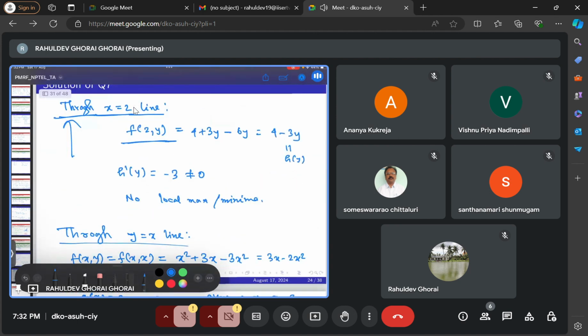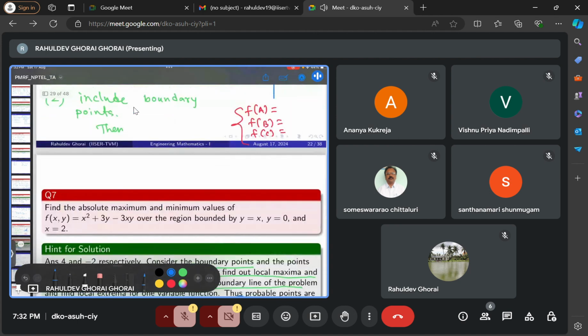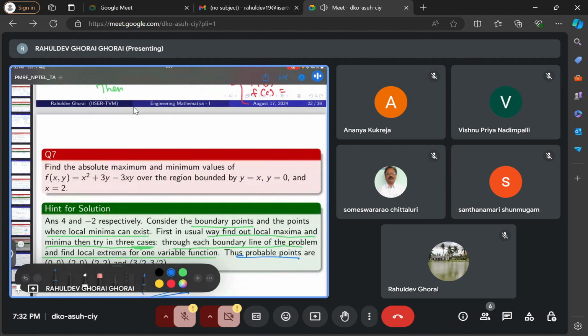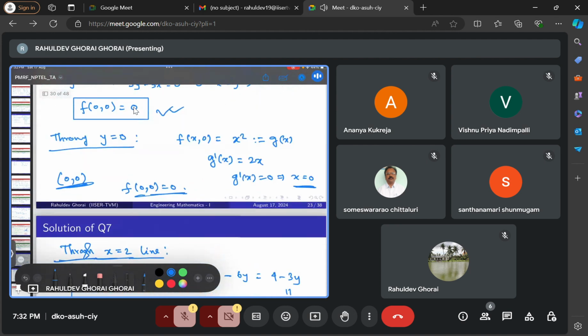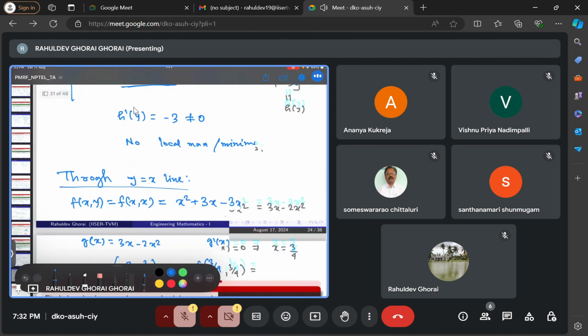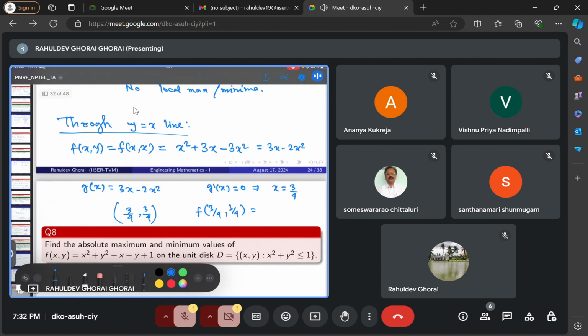Let me check once. So what is f of x, y? It is x square plus 3y minus 3xy. When y equal to x, it is 3x minus 2x square, because it is x square minus 3x square. So g of x is 3x minus 2x square, and g dash x will be 3 minus 4x, which gives 3 over 4.